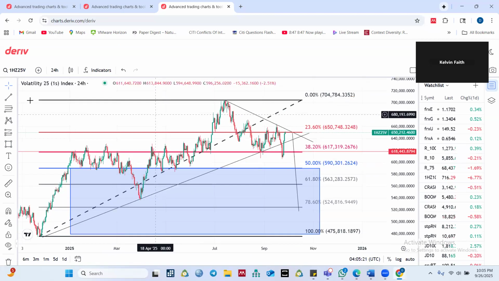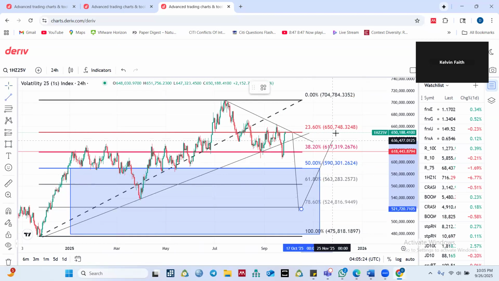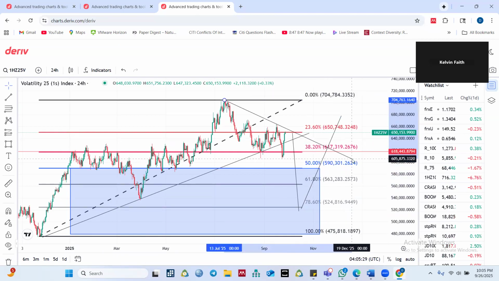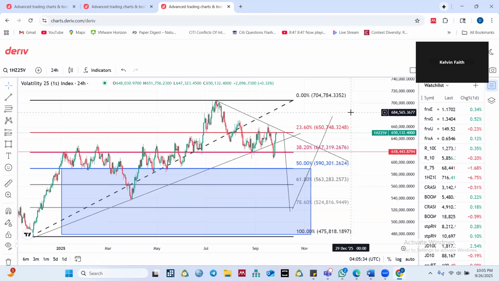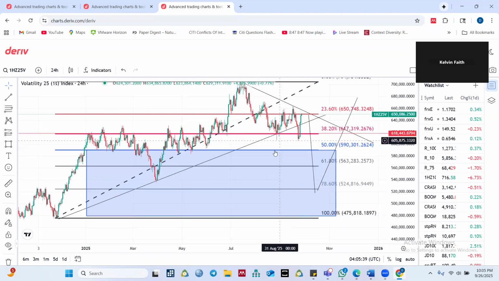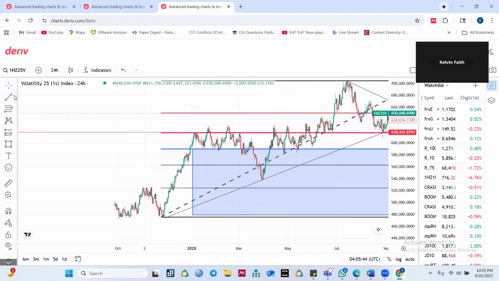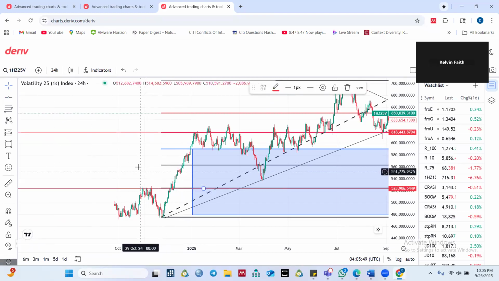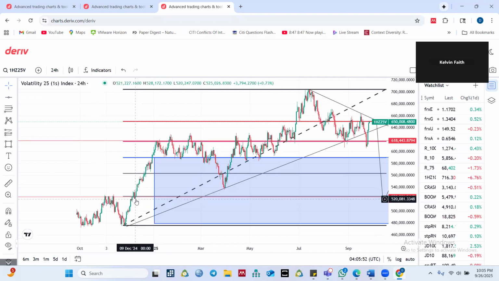From here we will likely see price buy, probably break the trend line and the red line again, and continue the uptrend. We can see this 78.6% has confluence with this resistance that was used as support for price to buy. Everything adds up very well.